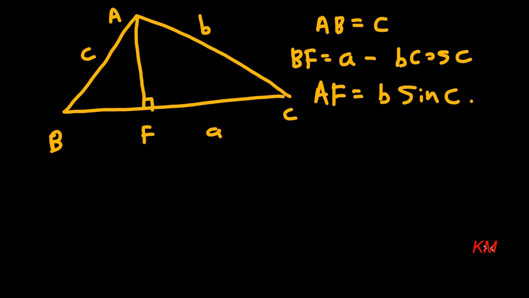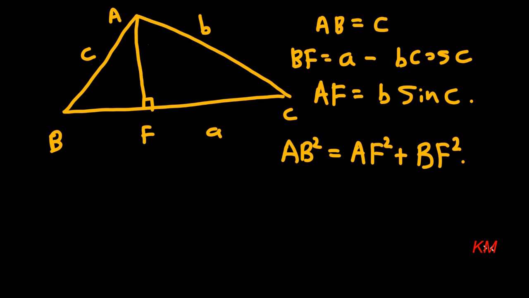Okay guys, now we know AB equals c, BF equals a minus b cos C, and AF equals b sin C, and we need to apply these three expressions to the Pythagoras theorem of ABF, that is AB square equals AF square plus BF square.